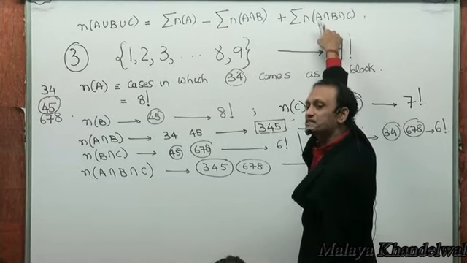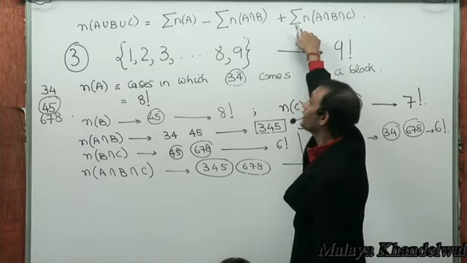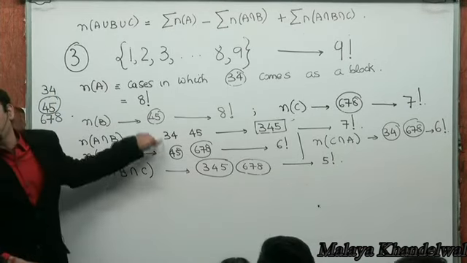So you can do this calculation. This would give you the count in which at least one of them would appear as a unit.